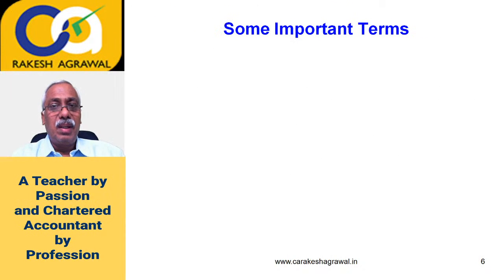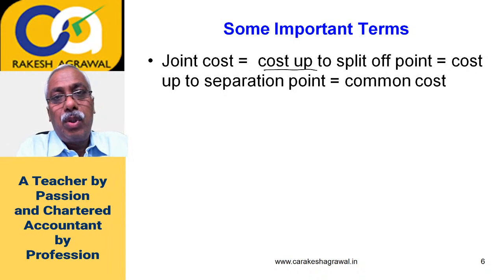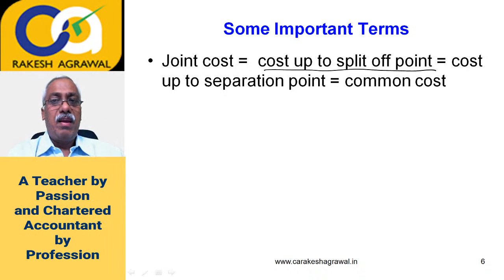Now some important terms which are used in this chapter. One is joint cost. This is a very common term, all of you are aware. Joint cost is the cost up to split off point. Means after a particular point the product will split, means a variety of products will emerge. But before these products emerge or split, whatever cost is incurred up to that point, that cost is called joint cost because it is commonly incurred for multiple products.